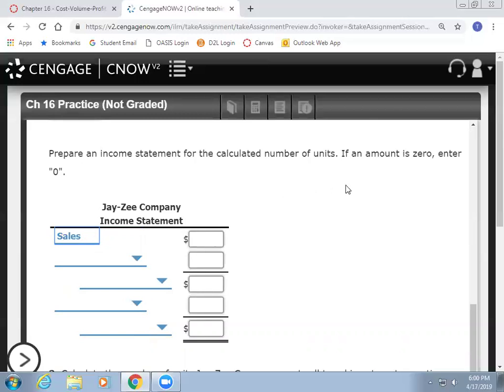So they want us to do an income statement showing break even. So it'd be the 3,350 units times the sales price of 320. The sales should be 1,072,000. It's a lot of sales to break even, right? Maybe they need to change their sell price or something.